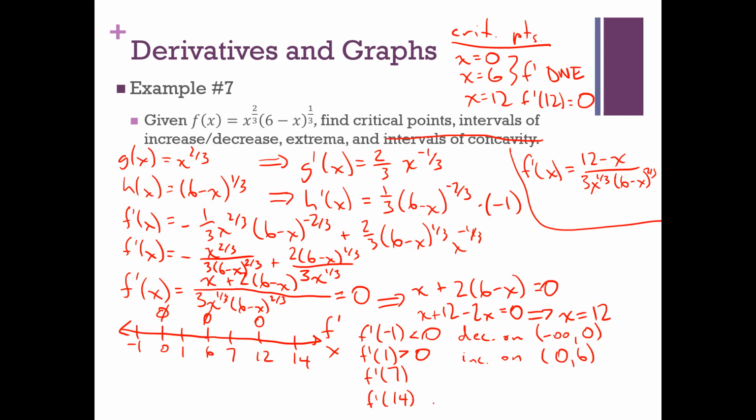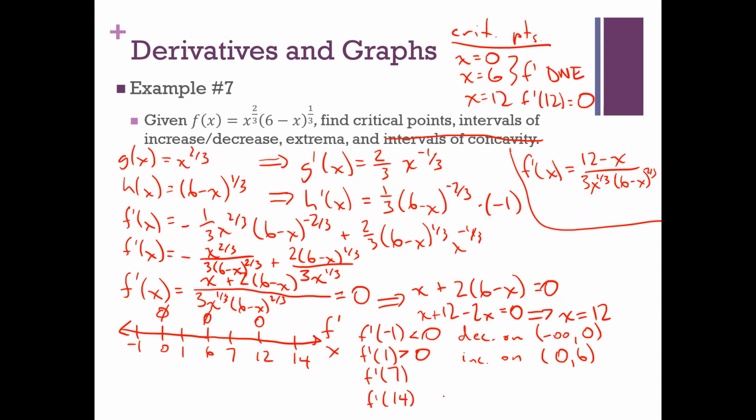All right, f prime of 7 is going to be positive divided by... you say positive? So the numerator is going to be positive, right? The cube root of 7 is going to be positive. Oh, yeah. What is negative 1 to the 2/3 power?